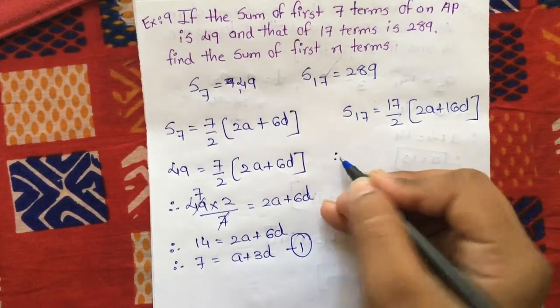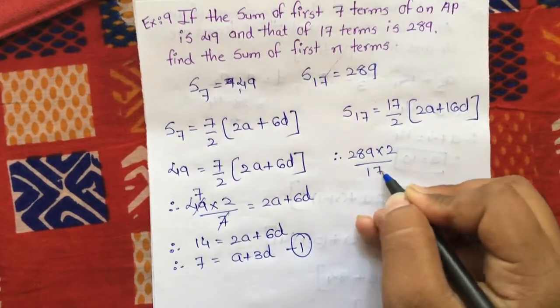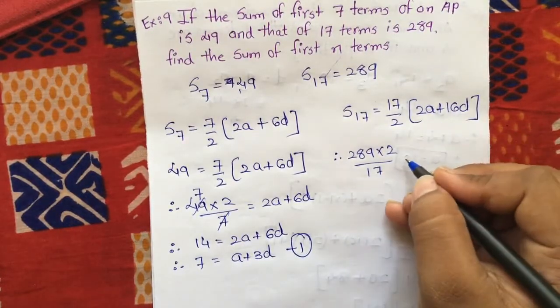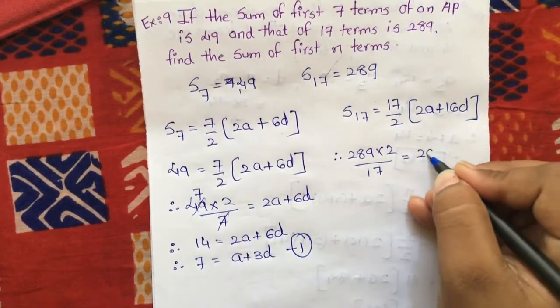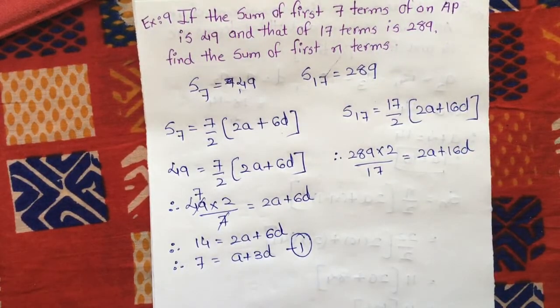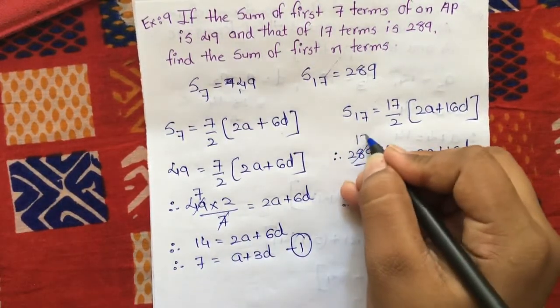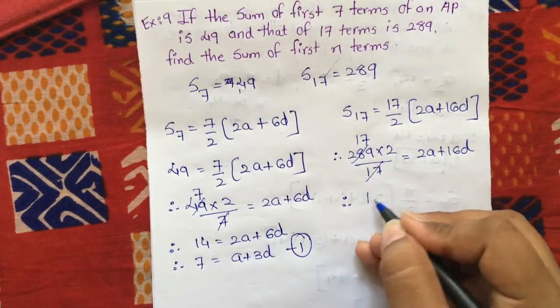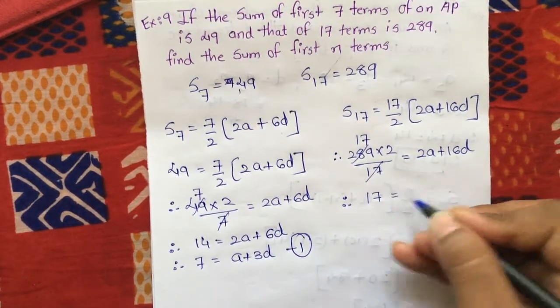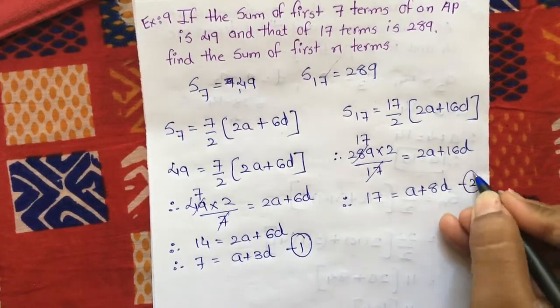So this is 289 into 2 divided by 17 is equal to 2a plus 16d. Yes, as you all know that 17 17s are 289. So here 17 will come, and 2 is common on both sides. So 17 is equal to a plus 8d. So this is the second equation.